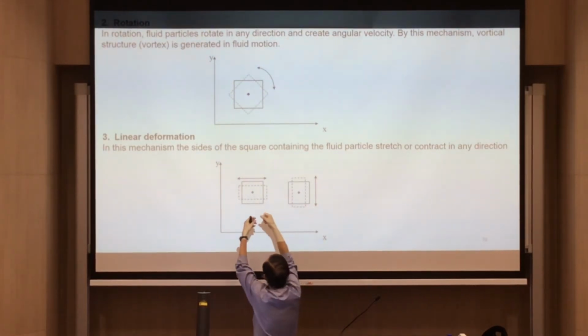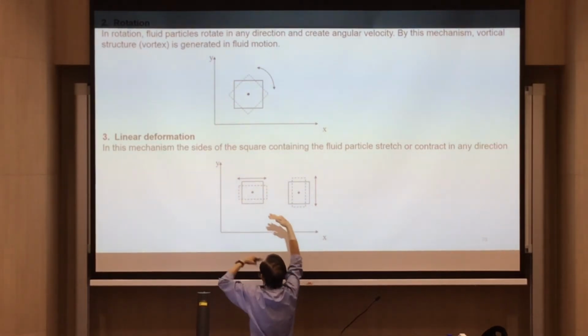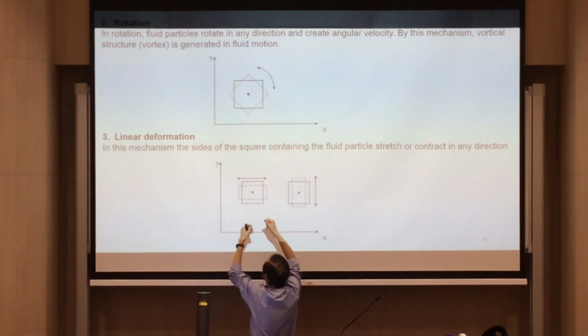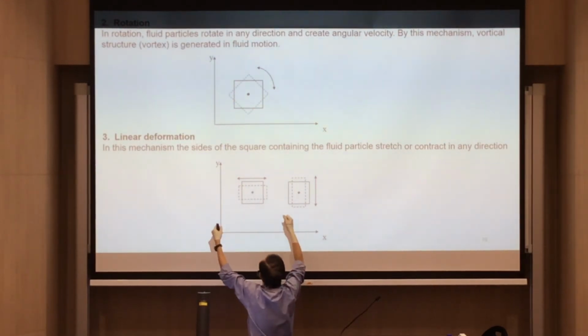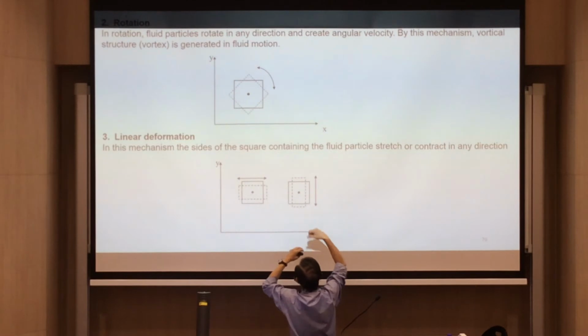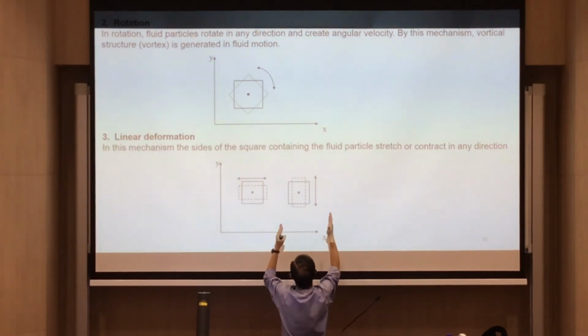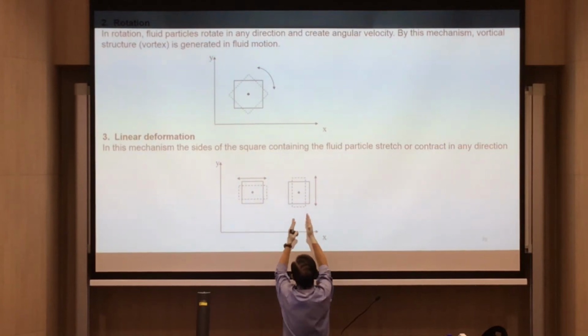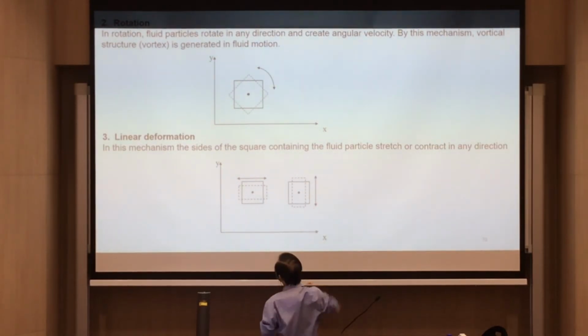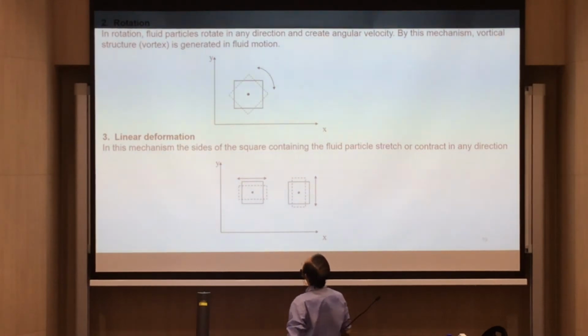If it is stretched, then you move inward, but you will extend along this way. And if it's stretched this way, then of course it will reduce in its dimension and extend in the vertical direction.